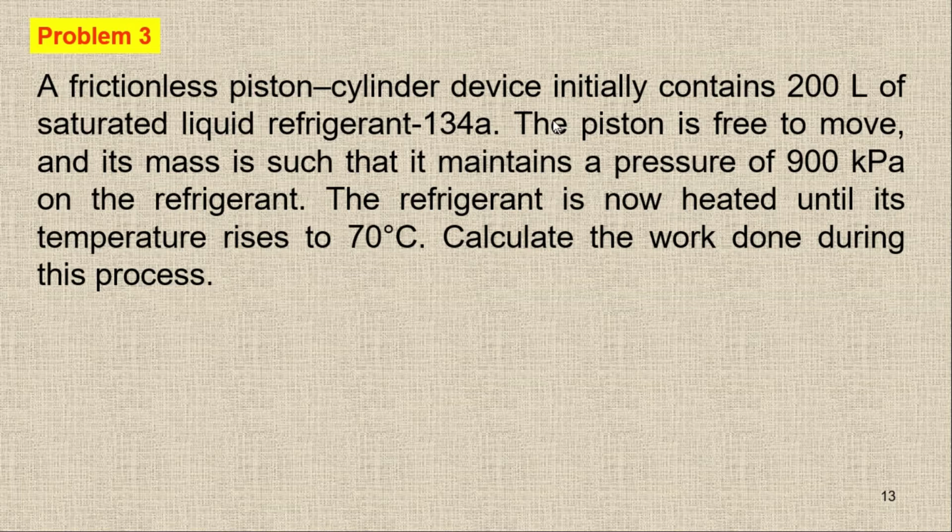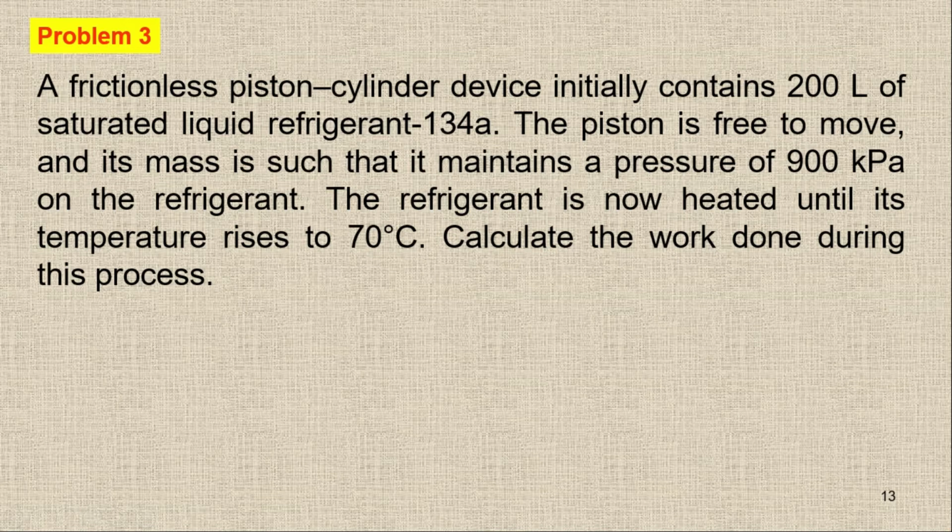Now, the piston is free to move, and its mass is such that it maintains a pressure of 900 kilopascal. So the pressure is constant, like the previous question. The refrigerant is now heated until the temperature rises to 70 degrees Celsius, and you have to find the work done during this process.